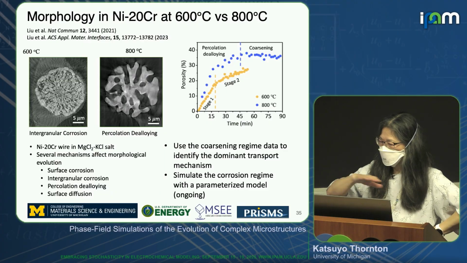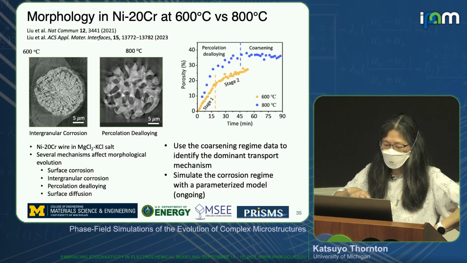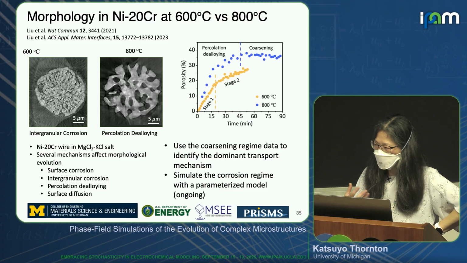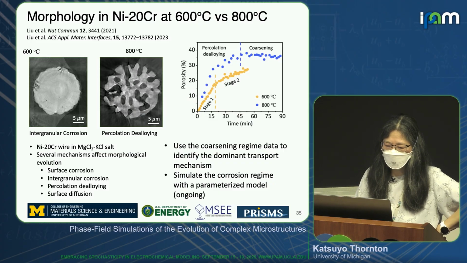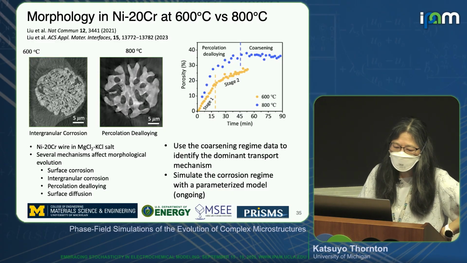So this is what's going to happen to the surface of metal, right? And so we have to understand what that means to the mechanical integrity of the material.